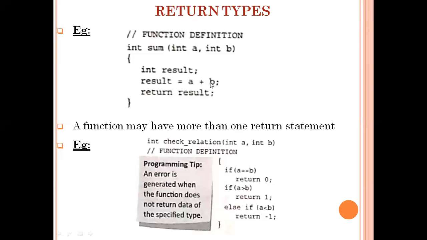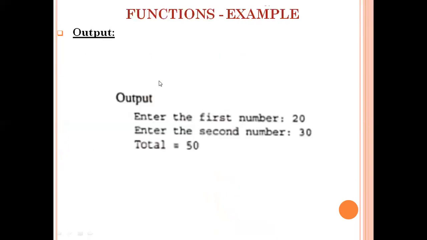The sum of a plus b is stored in result, and this function returns a particular value, that is, the current value of result, or otherwise the sum of a plus b is returned as a value to the calling function, right?